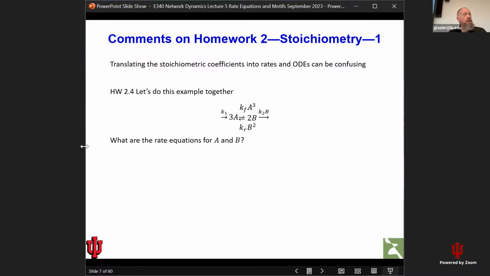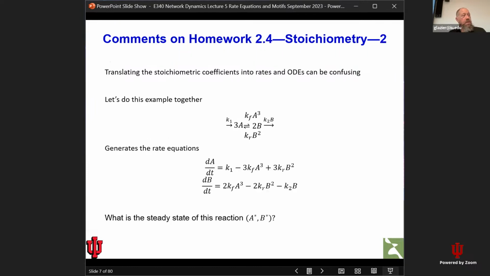And if we do this, we can read them off. A is created here by K1. It decays with KF A cubed. It's created with the back reaction KR B squared. And then we have to remember the stoichiometry, and that's always the thing that's a little bit tricky.